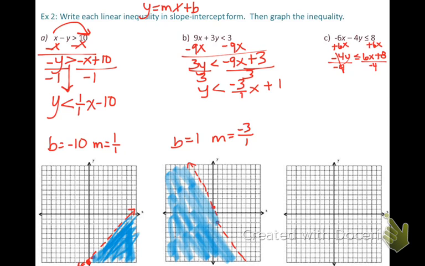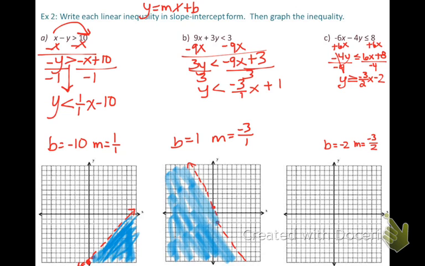Notice I'm dividing by a negative. What happens to the inequality? It switches. Very good. So reduce 6 and 4. That would be negative. Notice I'm putting the negative up on top, so much easier to deal with. Negative 3 halves x minus 2. So b equals negative 2 and m equals negative 3 halves.